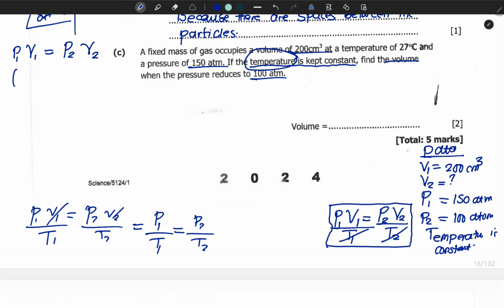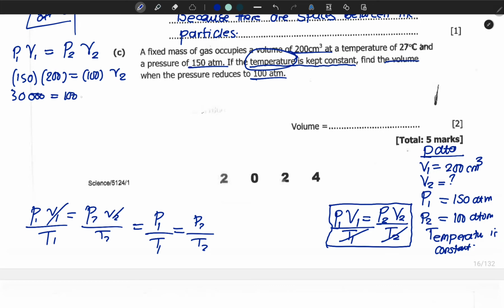So pressure 1 is 150, volume 1 is 200, pressure 2 is 100, volume 2 is what we want. So 150 times 200 will give us 30,000.